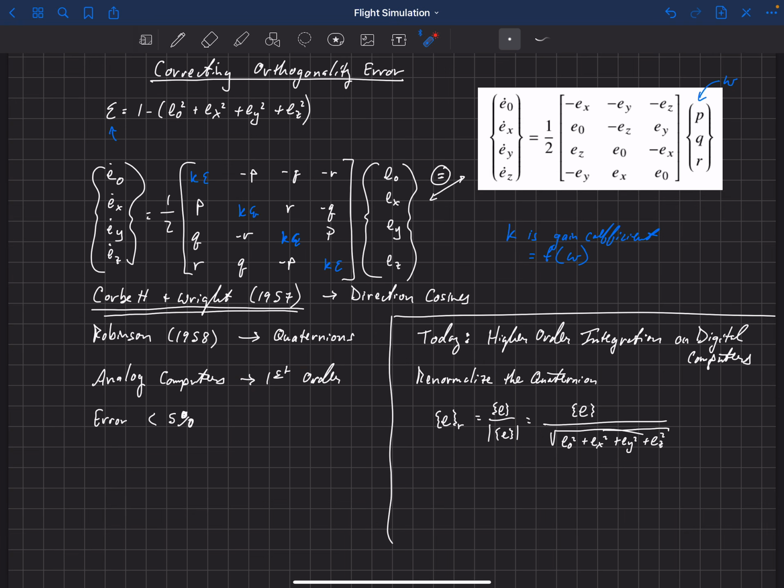You can have on the order of more like 9 or 10% error in your quaternion, this orthogonality error could be more like 9 or 10% instead of this 5%. So again, for first order integration, this Corbett-Wright method is really good. And you'll see that today, even in higher order integrations, because it's like this legacy way of doing it. It's the traditional way. It's built into codes. People have been doing it for a long time.